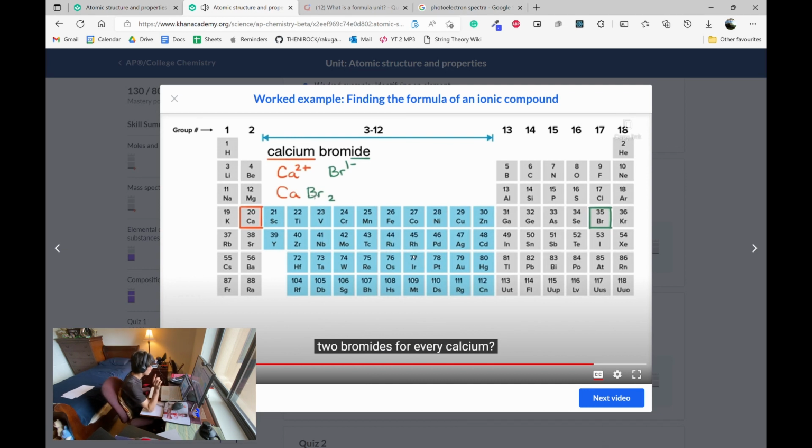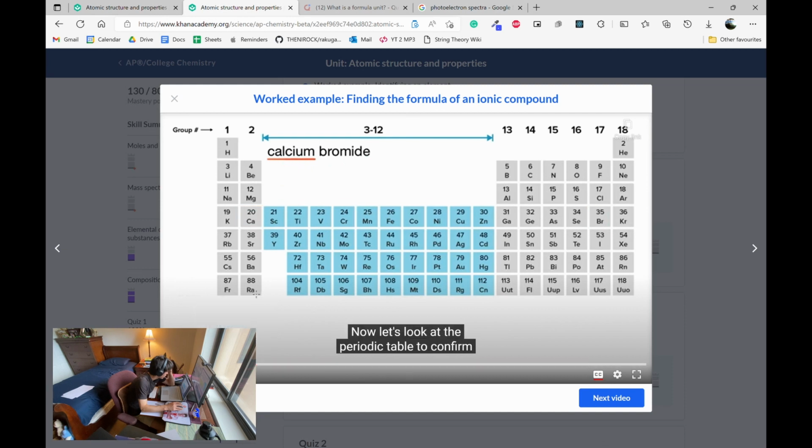Okay. But wait, how did he figure out what the charge is gonna be? How did he figure that out?